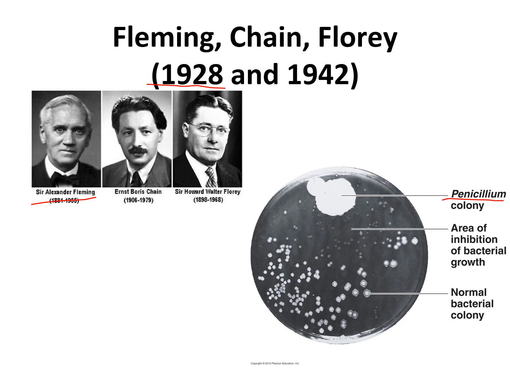So he is the first person to discover penicillin, but it took about 10 years for Chain and Florey to convert that substance into a usable form so we could use it to treat bacterial infections. And in the 1940s, that's when World War II was occurring. So it was basically in World War II where we first had use of penicillin, the very first antibiotic.